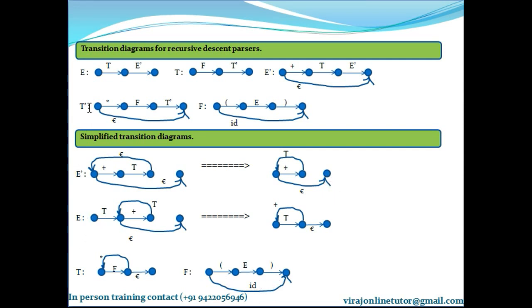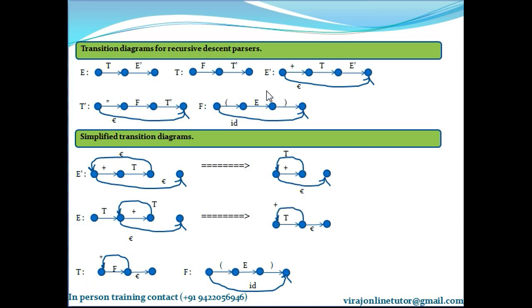Then another example is of E, which is T E dash. So T, and I have substituted E dash diagram over here. And this I have tried to optimize. This is T and then followed by plus T, right? So one T definitely has to be there, and then plus T, plus T, plus T, and on epsilon you go there.